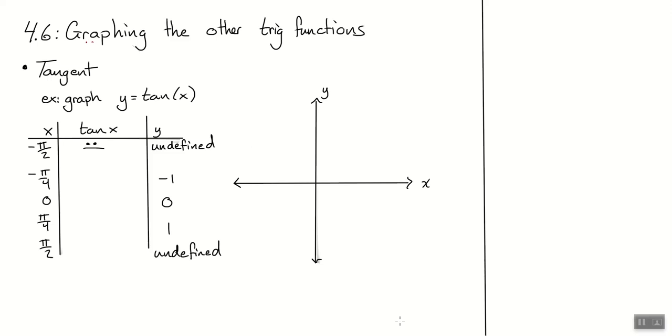Now, notice in this problem I have chosen, and you may not quite understand why yet, but I've chosen values that spit out real nice stuff. I don't want to have to graph root 3 or root 3 over 3, but I'm totally cool graphing negative 1, 0, and 1. Okay, when we move to the graph, there's something that we've seen this year that you might have overlooked.